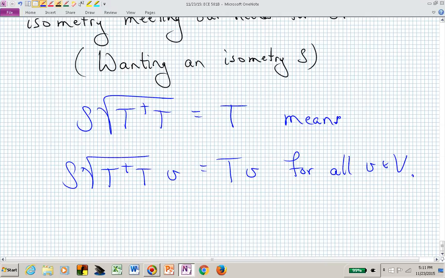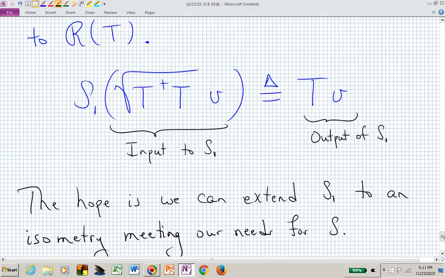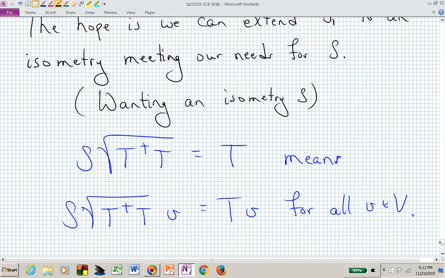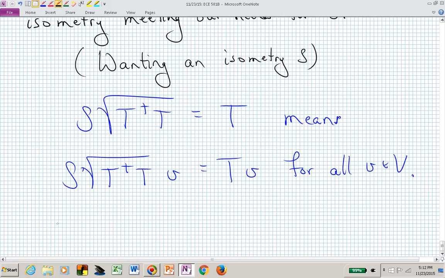But we defined S1, that's how we defined S1, is to produce this. We want S1 operating on this vector to be TV. And that vector that it's operating on is just the left-hand side of this. So we have actually defined S1 to satisfy this condition. S1 has been defined to make this true.